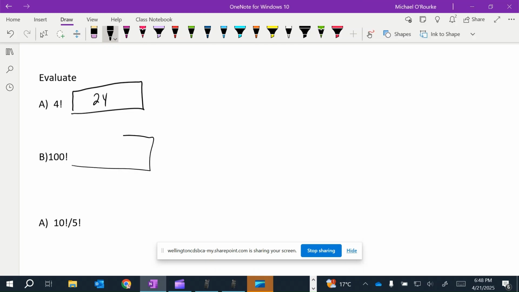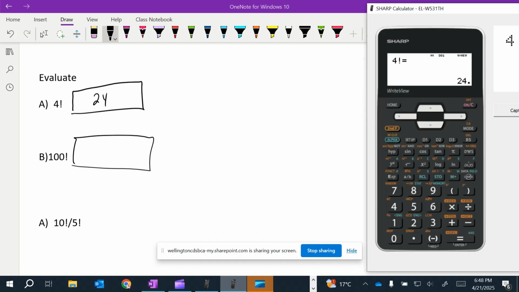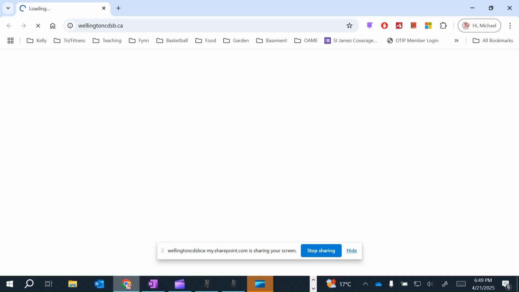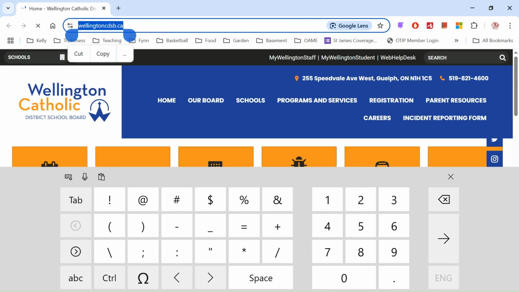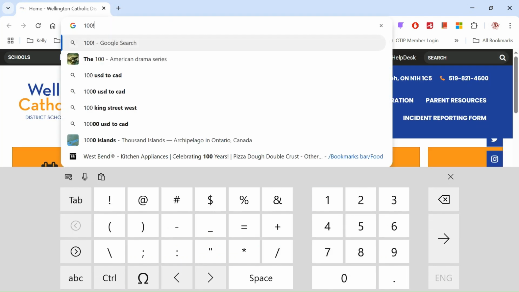Now what happens when you put in 100 factorial? What are you going to get there on your calculator? 100 factorial gives you an error. That's simply because the number is way too big. There's not enough space in your calculator, even with the scientific notation. I wonder if you can even do it here. Let's ask Google what 100 factorial is.